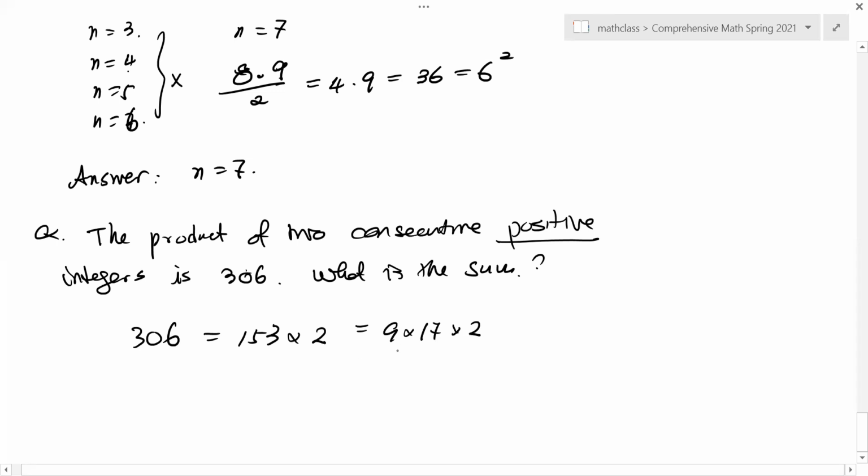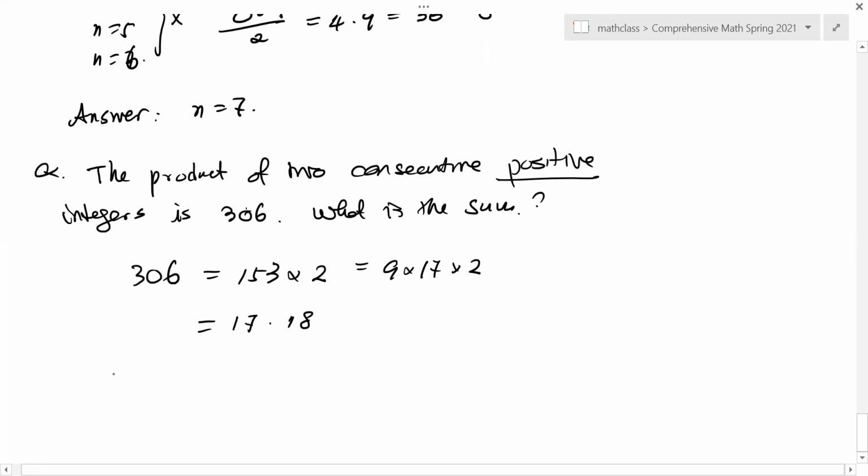Now this must be a product of two consecutive integers, so 17 times 18. The answer is 17 plus 18 equals 35.